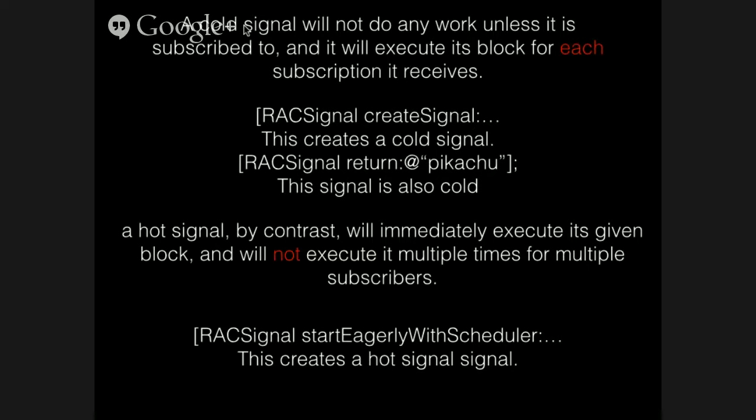You also have RACSignal return, which just injects the value into a signal, which maybe looks familiar to some people. That's also a cold signal. And as I said, there's a hot signal, which will do it immediately. You know when you're creating a hot signal because they usually say start eagerly. So if you want to create a hot signal, you use the startEagerly method.